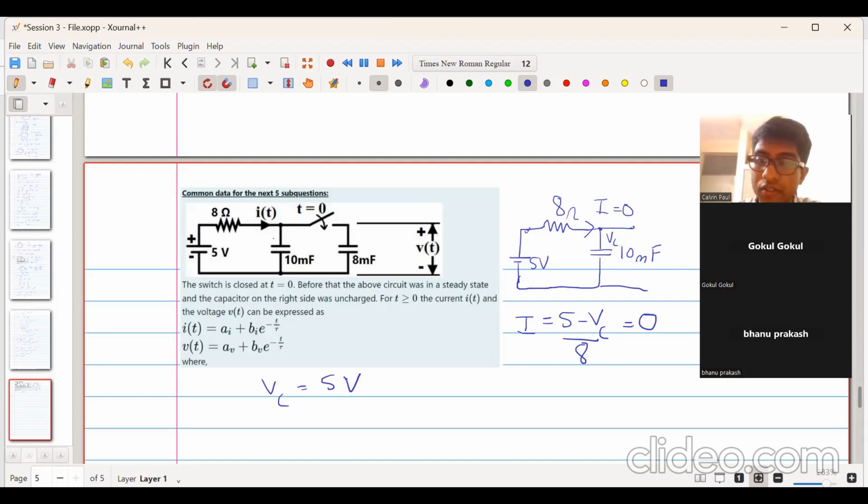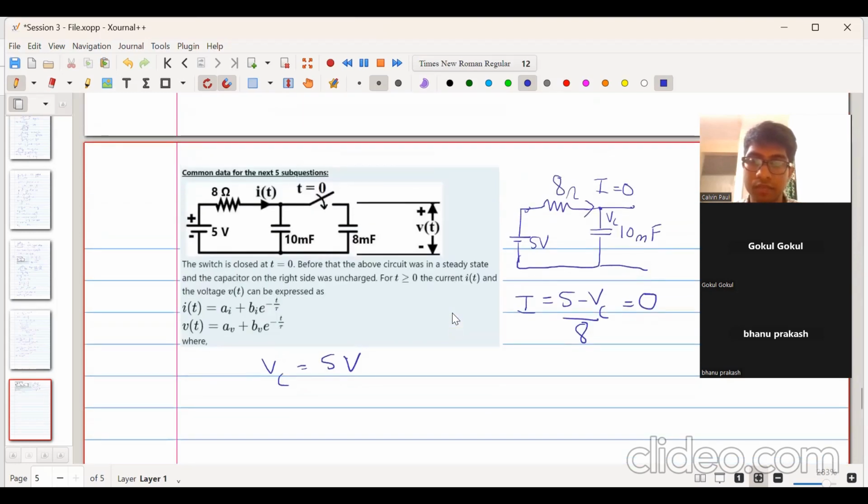Has this cleared your doubt? Any doubts in this? No, sir. Okay. So initially the voltage across this 10 millifarad capacitor was 5 volt, and the voltage across the 8 millifarad capacitor was 0 volt, because they say the capacitor on the right hand side was uncharged.